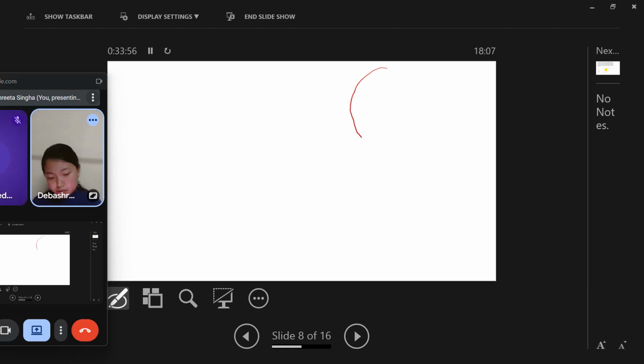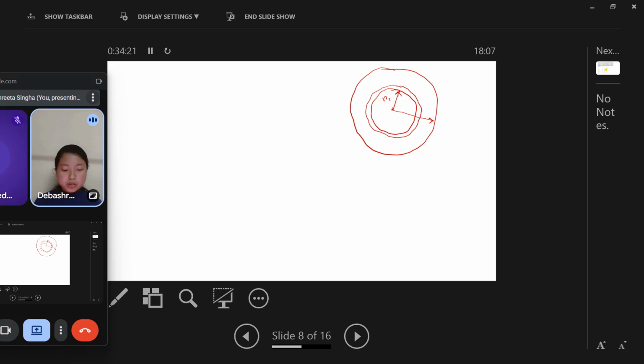So if I consider a sphere, if the smaller radius is r1, the outer radius is r2, and the thickness of this differential element is dr, and r is some arbitrary radius inside the sphere.